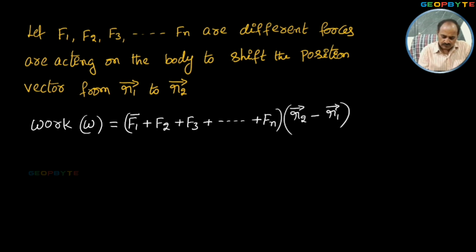Of course, all the forces you can write with bar. That is how you can decide work when different forces are acting on the same body to shift the position vector from r1 bar to r2 bar.